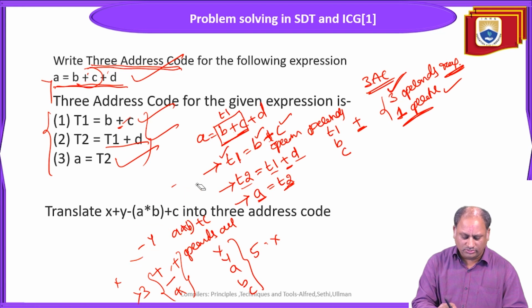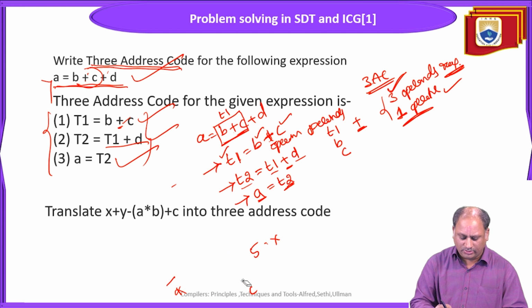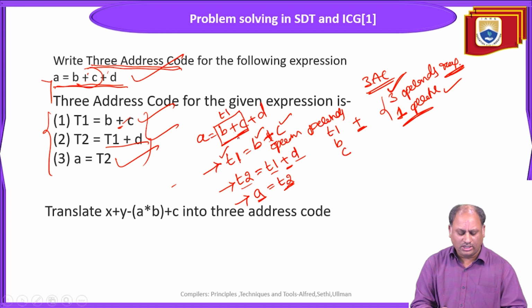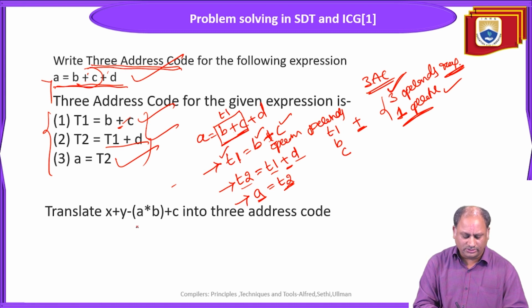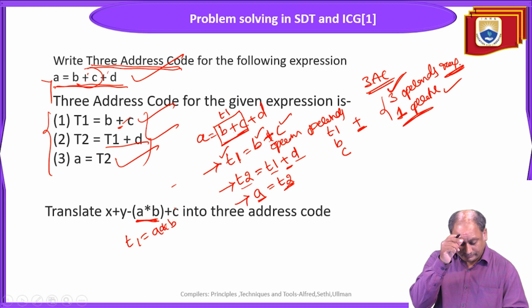So in order to perform this task, how can you do that? The given problem statement can be handled with the help of temporary names, say T1, T2, T3, like that. So for example here, A star B, if you perform, that is T1 equal to A star B. So it is a 3 address code notation. Next, X plus Y minus T1.